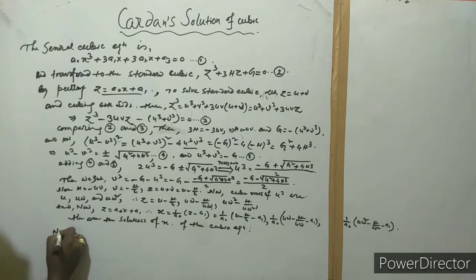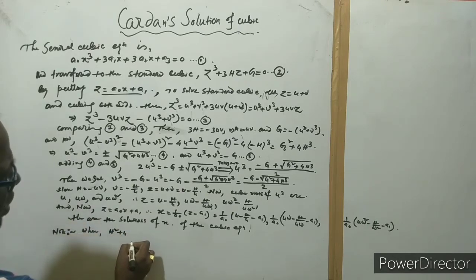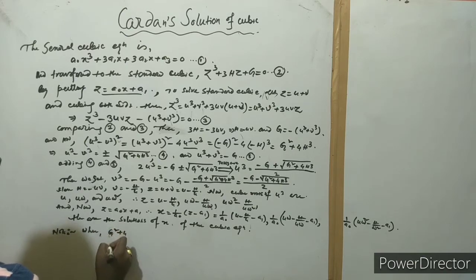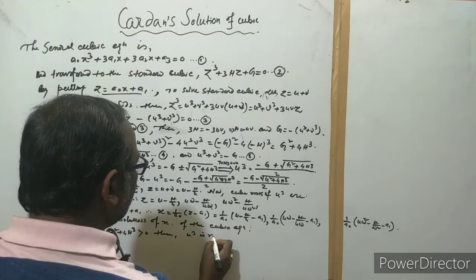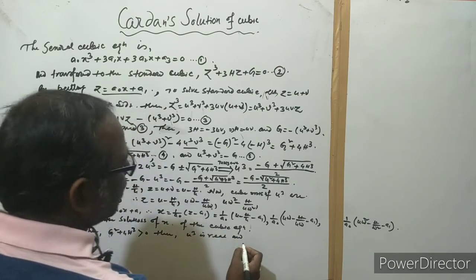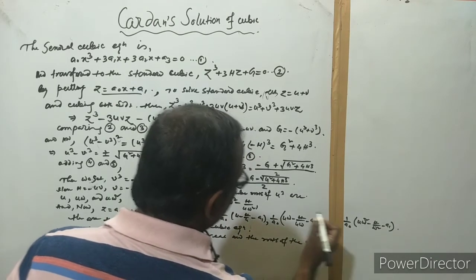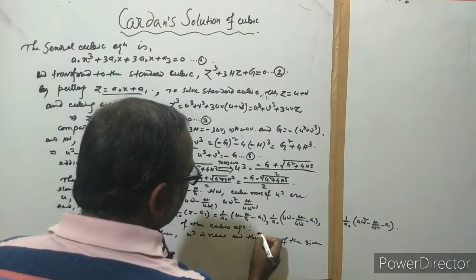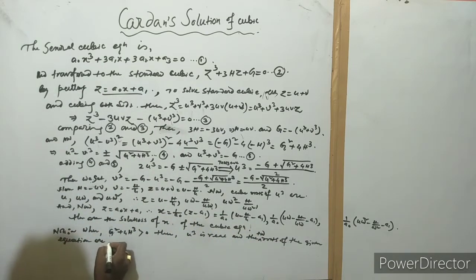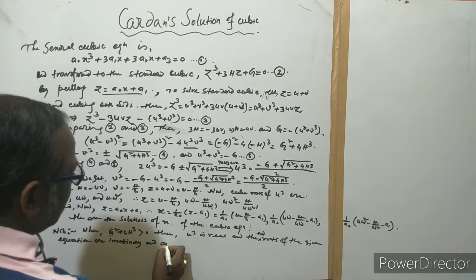Note, when g square plus 4h cube is more than 0, u cube is real, and of the roots of the given equation, two roots are imaginary and one is real.